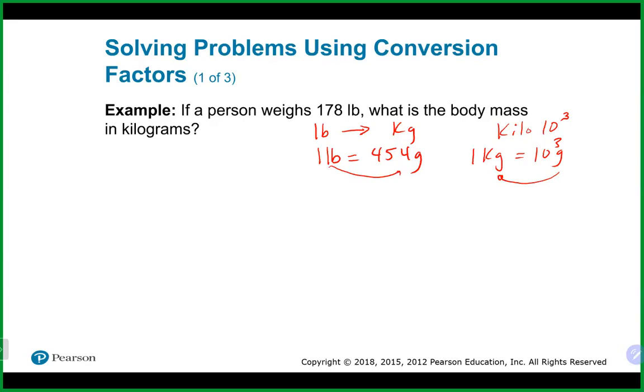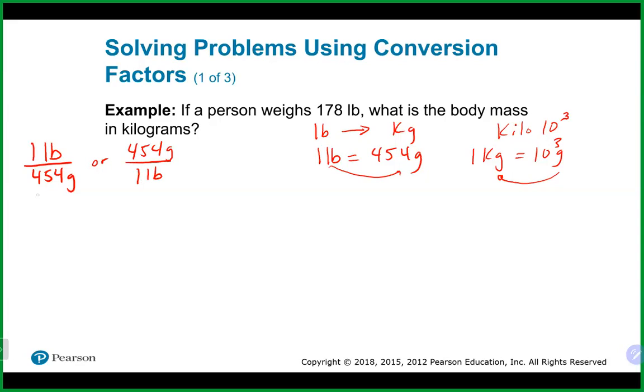So now that I have the idea of how I want to get there, we want to think about what's available to us to help us get there, which is our conversion factors. So for each of these equalities, we want to write our 2 conversion factors. For the first one, we could have 1 pound over 454 grams, or 454 grams over 1 pound.